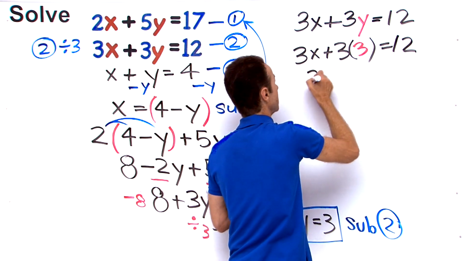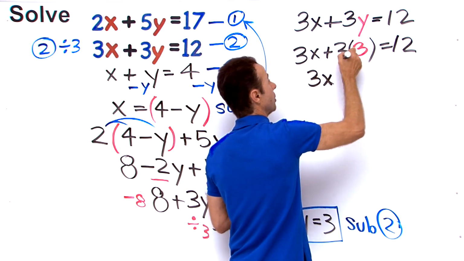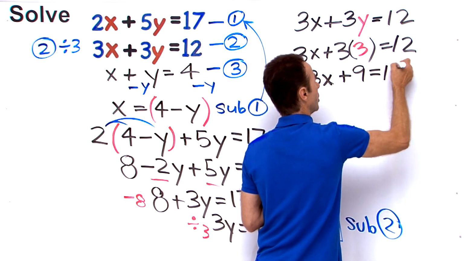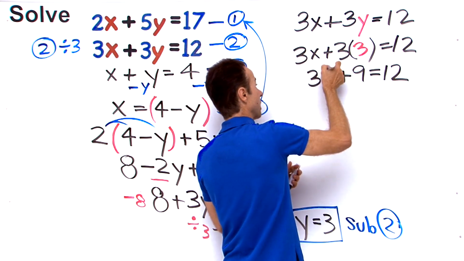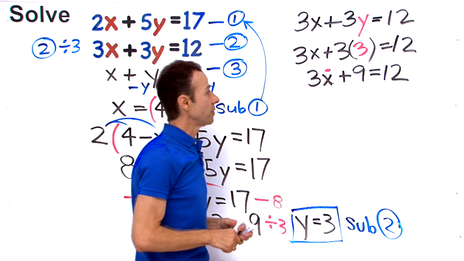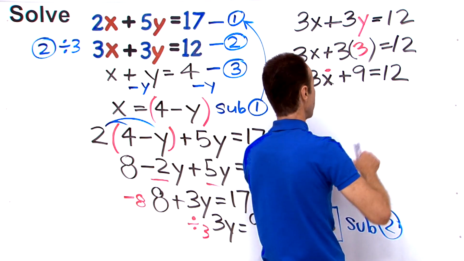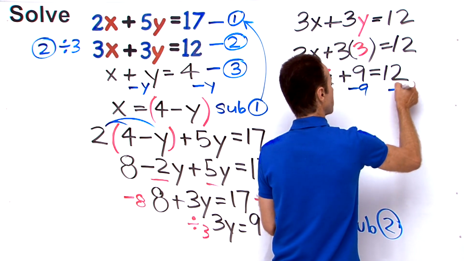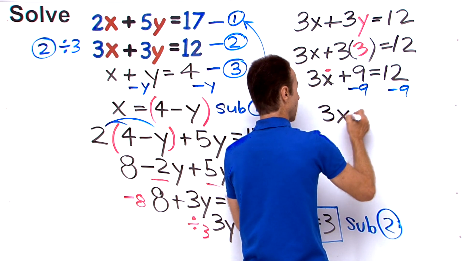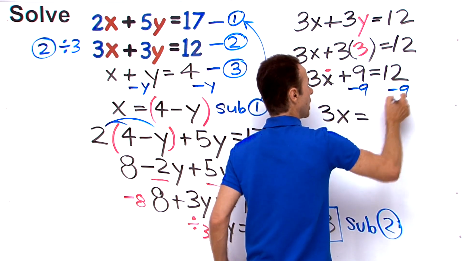So 3x plus 3 times 3, which is 9, equals 12. Now our outcome is to find x by itself because we're looking for that variable. Let's subtract 9 from both sides. Minus 9, minus 9. Bring down the 3x. 3x equals 12 minus 9.